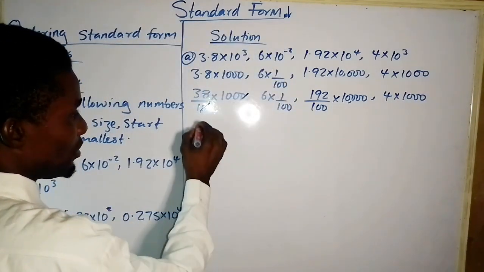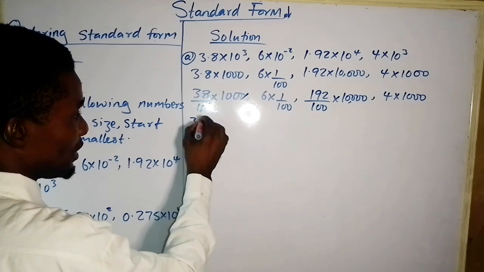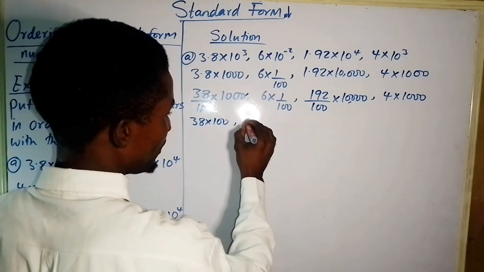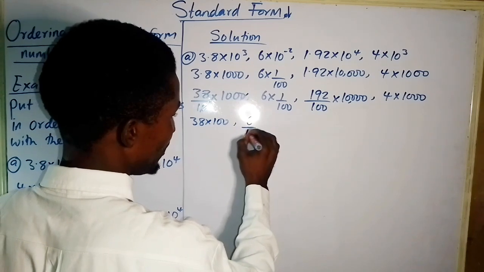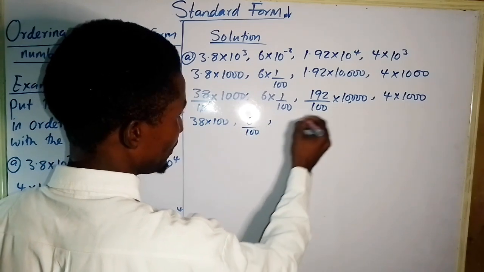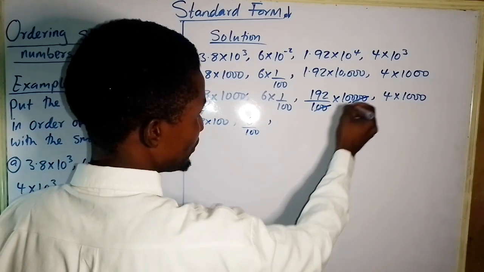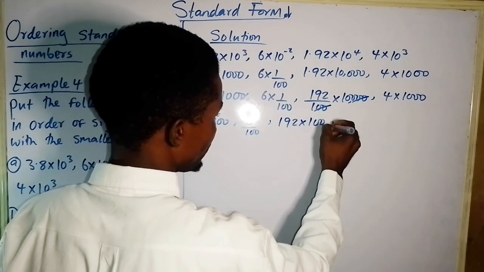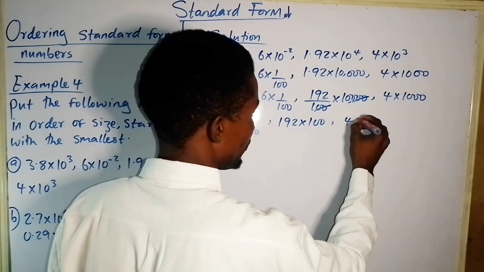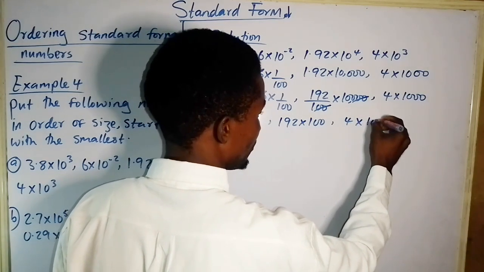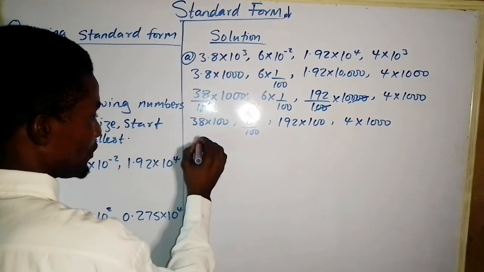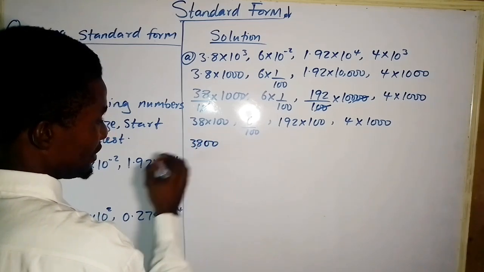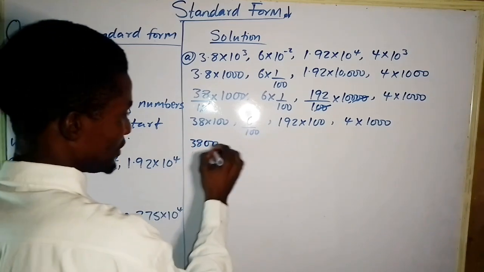So here we can reduce the number and we are going to be left with 38 times 100, comma, this will still remain 6 over 100, comma, the zeros will cancel, so we have 192 times 100, comma, 4 times 1000. So this will be 3800. That is 3800. That's what it means.